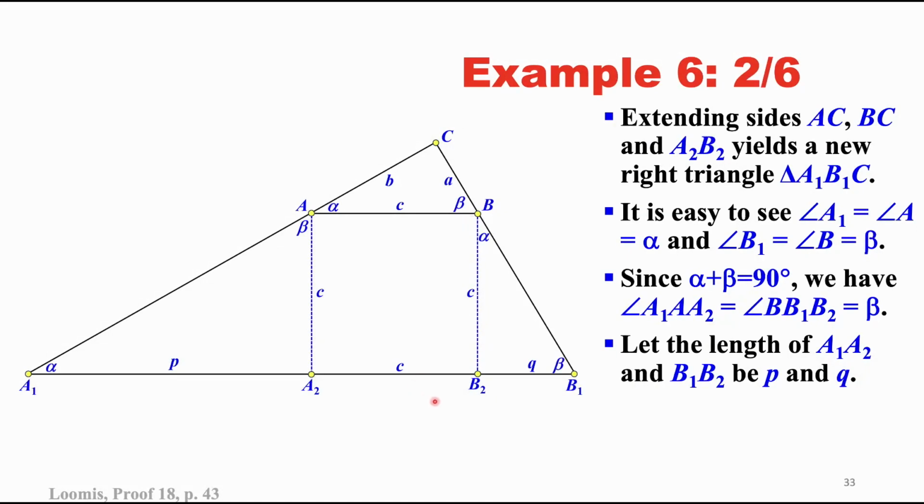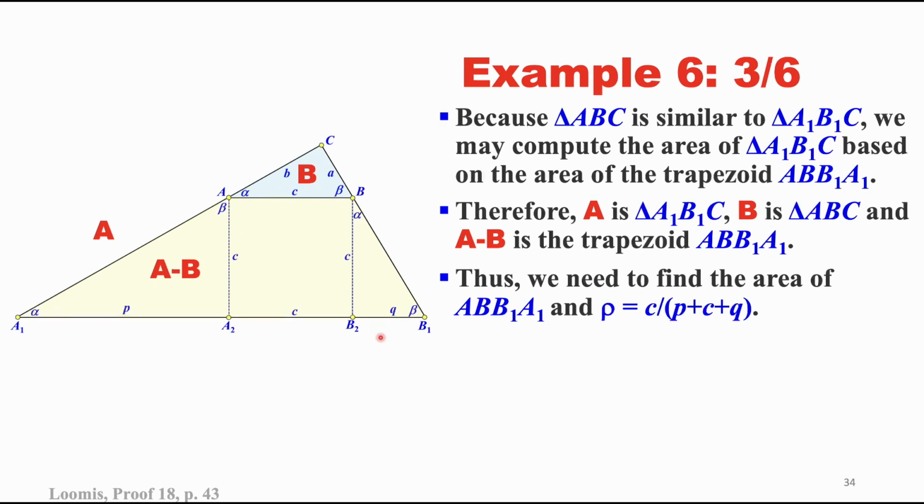So what we need to find out is the length of A1A2, let me call it P, and the length of B1B2, let me call it Q. Because the large triangle A1B1C is similar to the smaller triangle ABC, we could use the large triangle as A, the smaller triangle as B. So the remaining complement is a trapezoid.